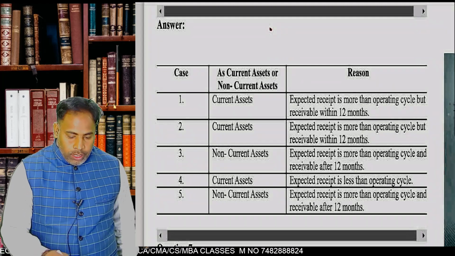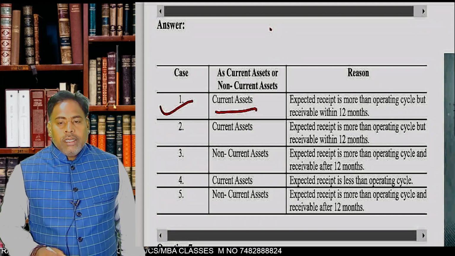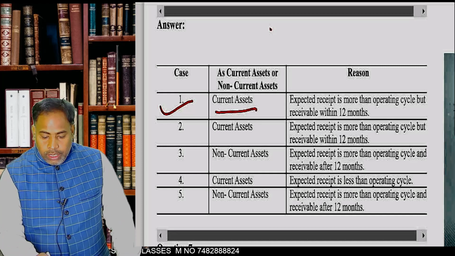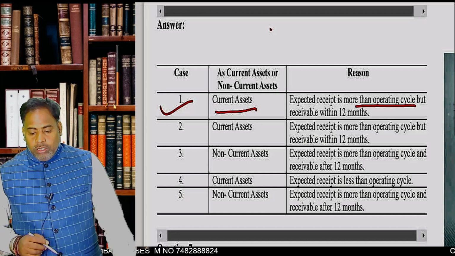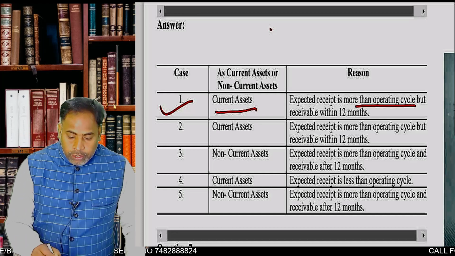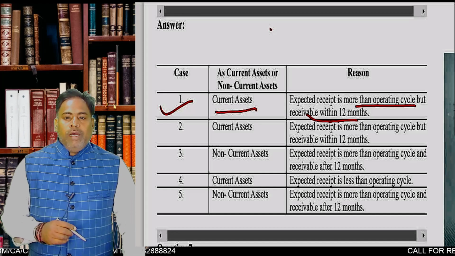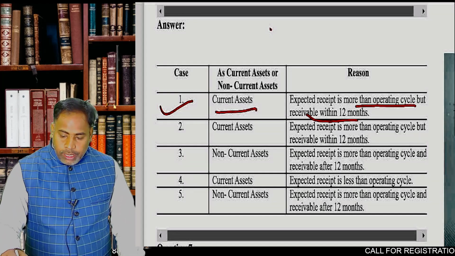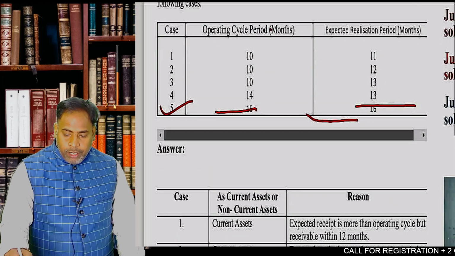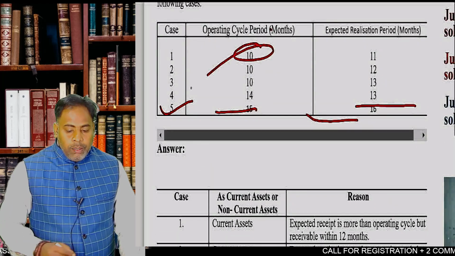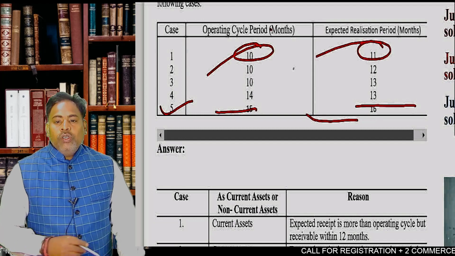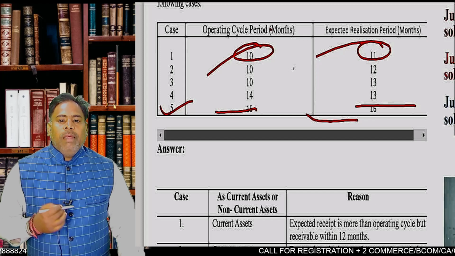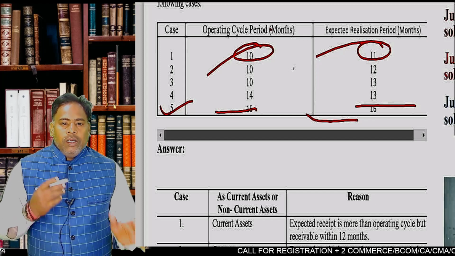So case 1 is a current asset. Why? Because the operating cycle is 10 months, but it is expected to be received in 11 months.